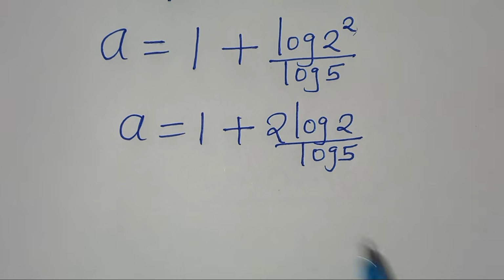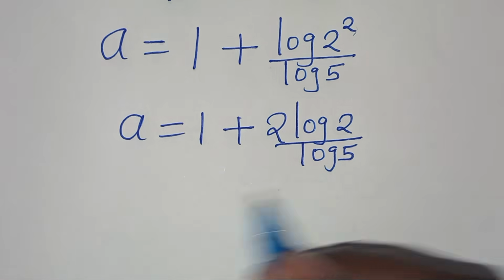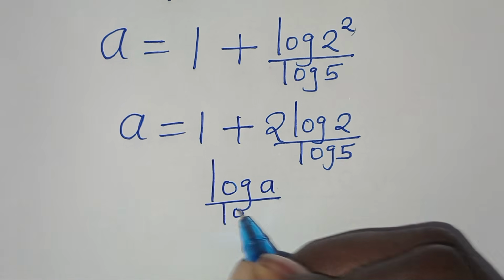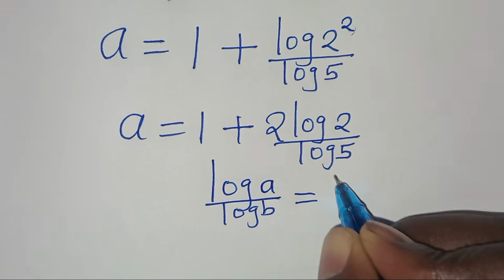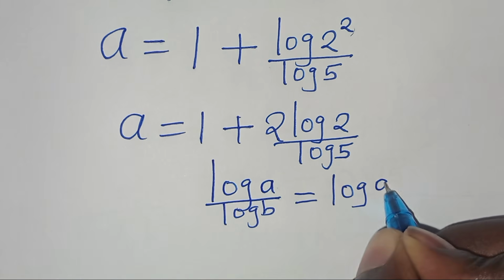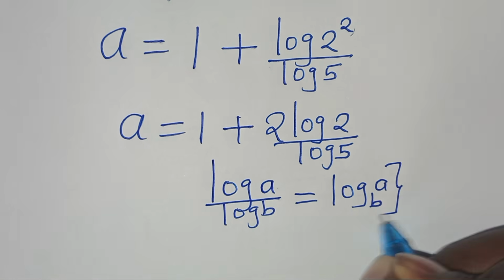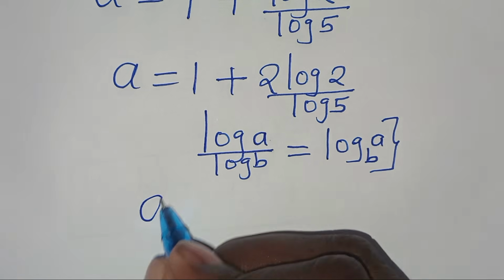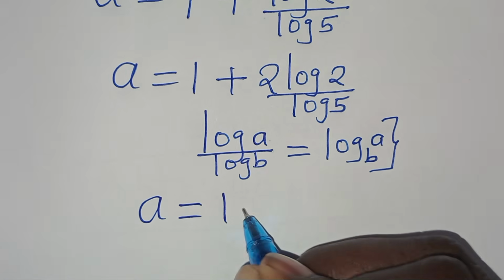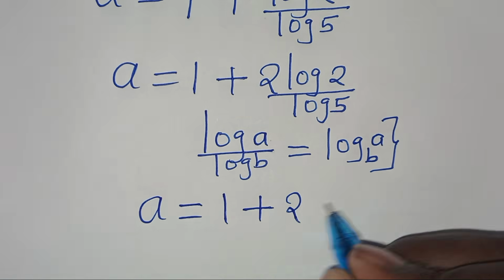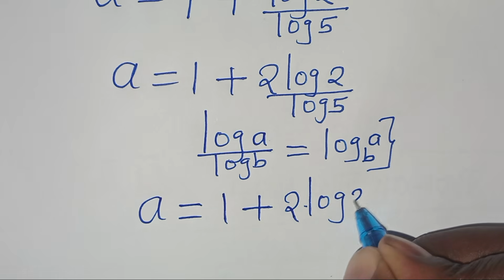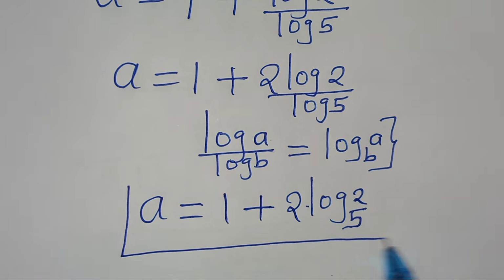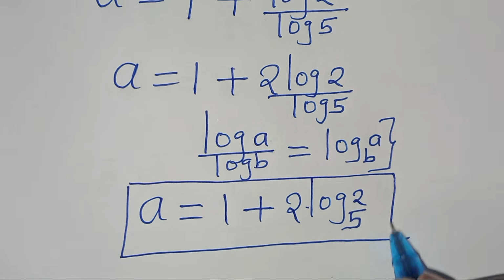Now the next step is that log 2 over log 5 is in the form of log a divided by log b, which can be expressed as log a to base b. Applying this logarithm property, then we have the value of a is equal to 1 plus 2 log 2 to base 5. So this is the value of a.